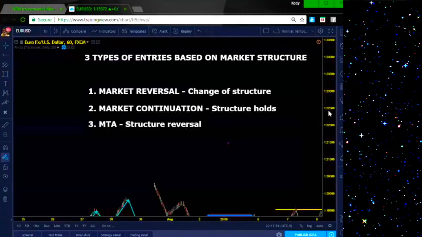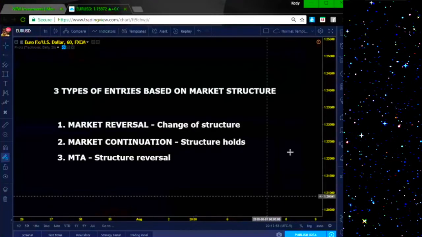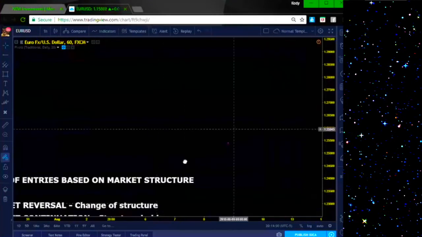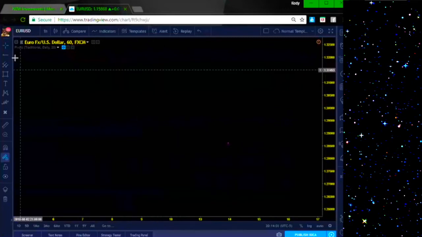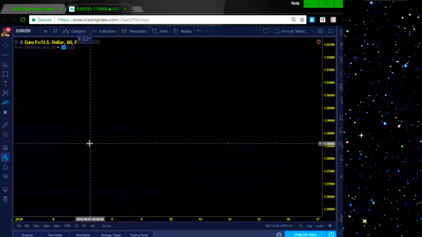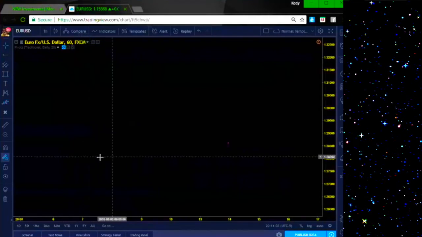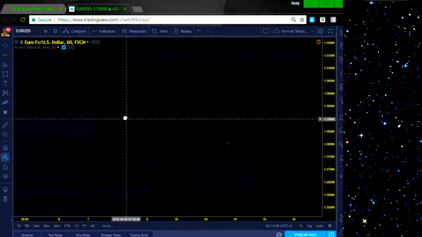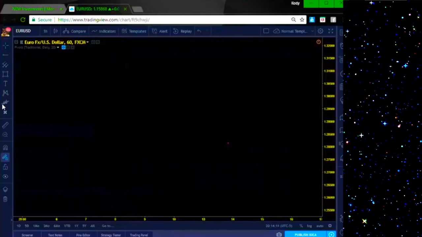Okay, so let's take a look at market reversal. Let's come over here again to another little black area over here. Okay, market reversal, guys, it's really simple. MTA means multiple time frame analysis. So we're going to talk about multiple time frame analysis, and I'm not going to get too deep into it.